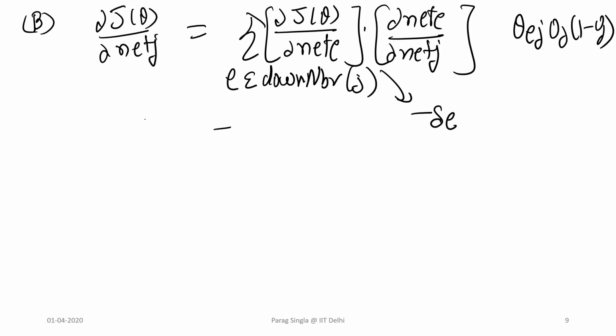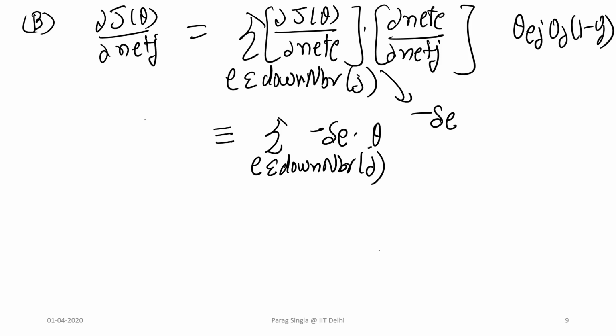Therefore, this entire expression becomes summation over L belonging to down neighbors of unit J of minus delta L into theta LJ OJ into 1 minus OJ.